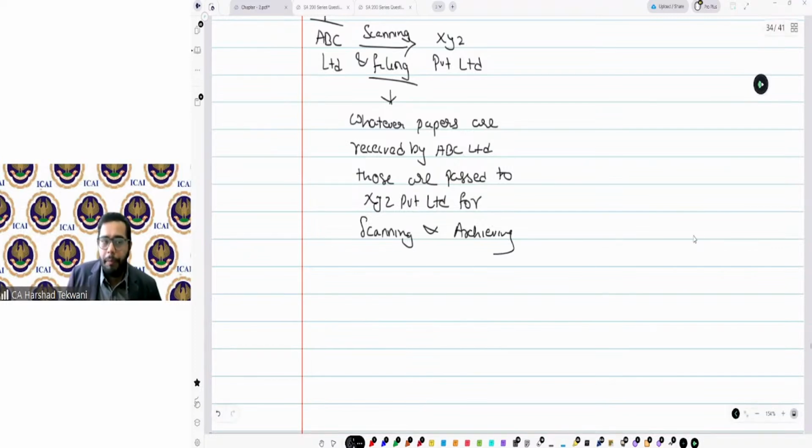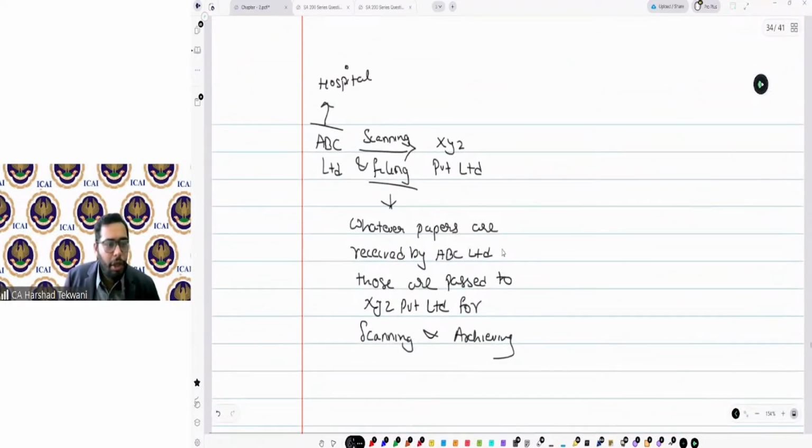They scan the papers, they file them, keep them in a godown and archive the papers and everything.